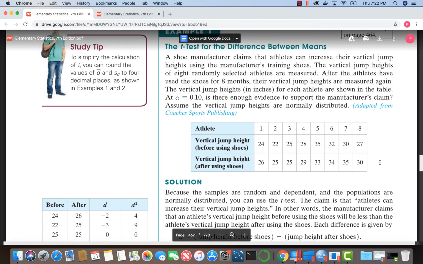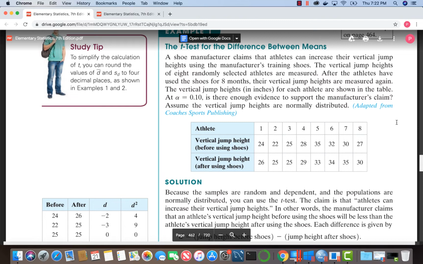A shoe manufacturer claims that athletes can increase their vertical jump heights using the manufacturer's training shoes. The vertical jump heights of 8 randomly selected athletes are measured. After the athletes have used the shoes for 8 months, their vertical jump heights are measured again. The vertical jump heights in inches for each athlete are shown in the table at alpha equals 0.10.